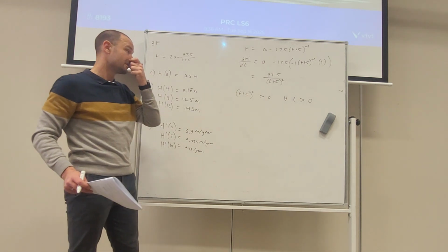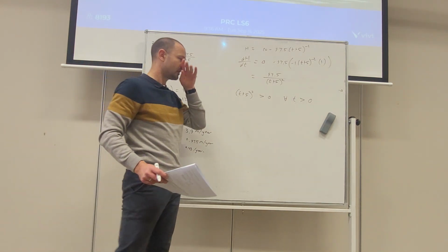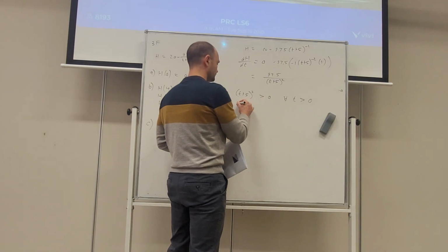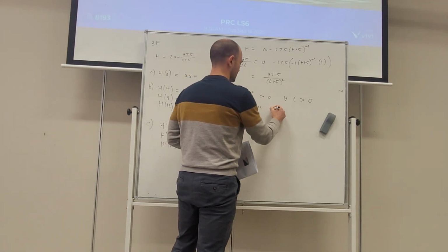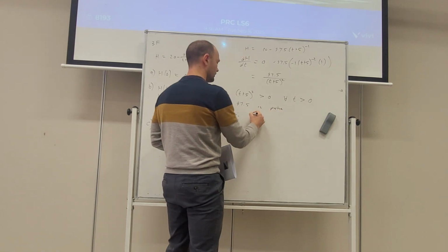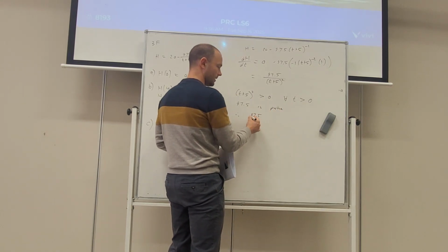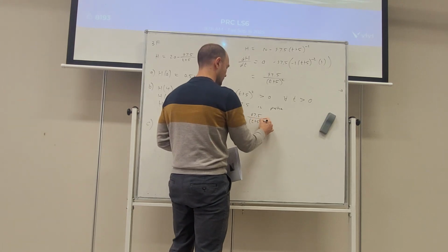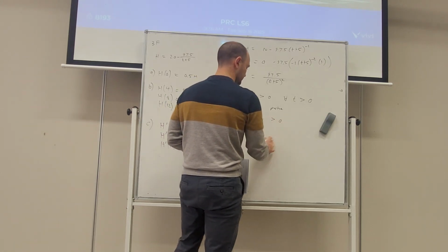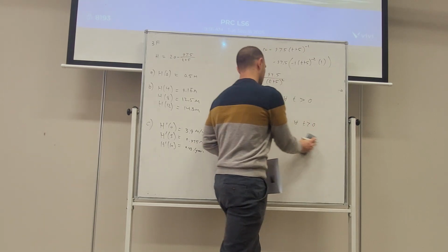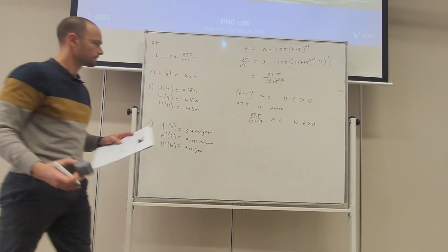So, because t plus 5 squared is positive, and 97.5 is positive, therefore 97.5, a positive number, divided by another positive number, will always be positive for all positive values of t.